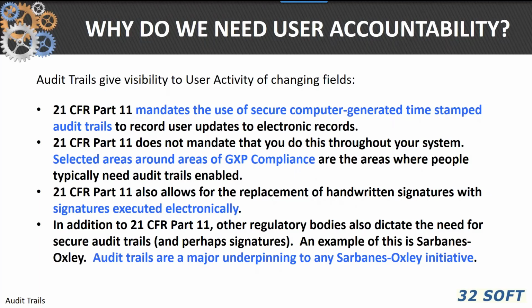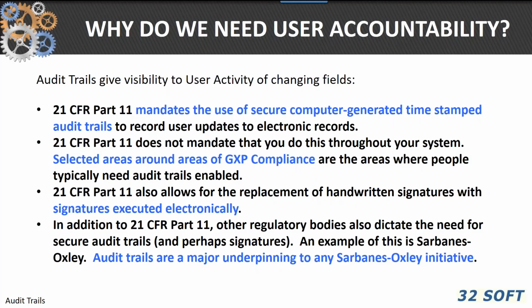Now, not all areas of your system require compliance, but the audit trails allow you to set these up and enable them on specific tables and fields that you want. CFR 211 also allows for electronic signatures, and again, we won't get into that too much right now, but we will cover that early next year.